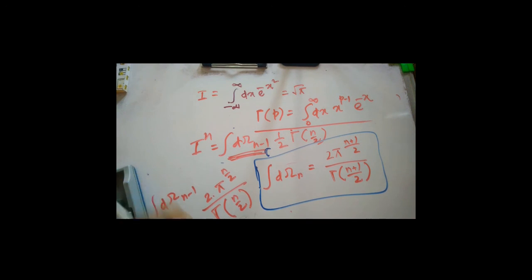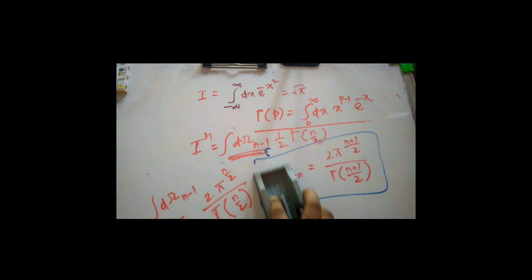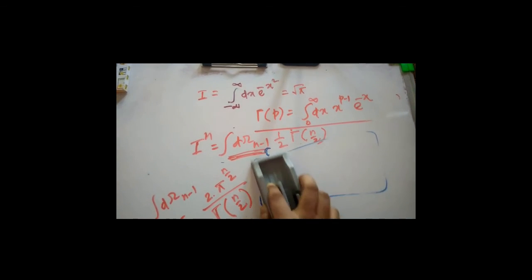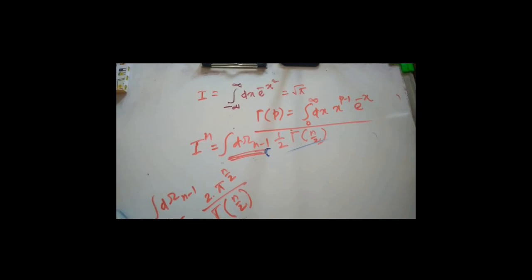This is the standard integral that we are using. To derive it this way, using this n-dimensional coordinate, we need to know a number of relations. So if we use this now, what do we get?